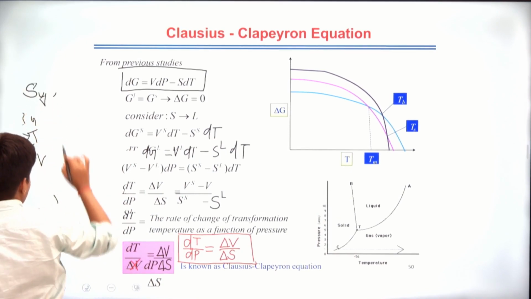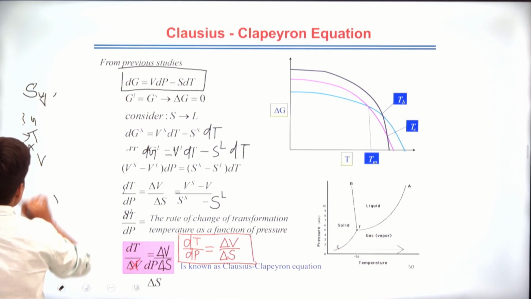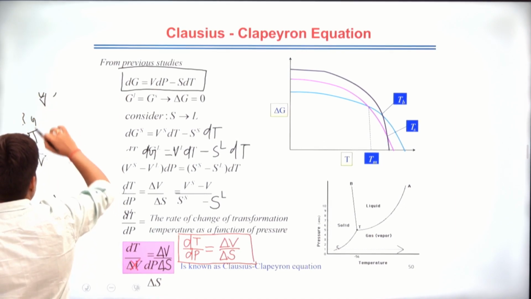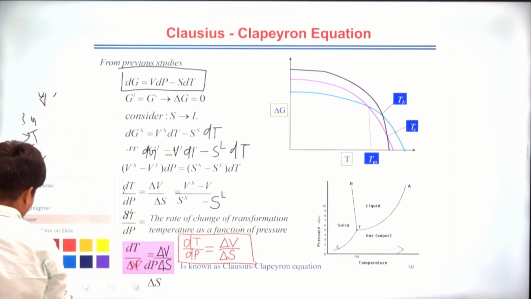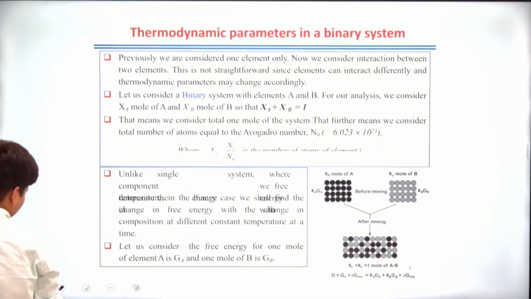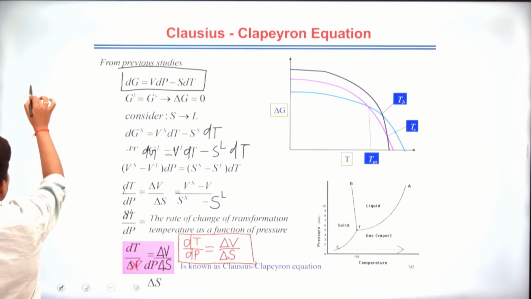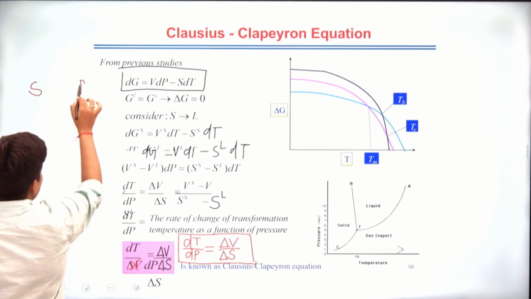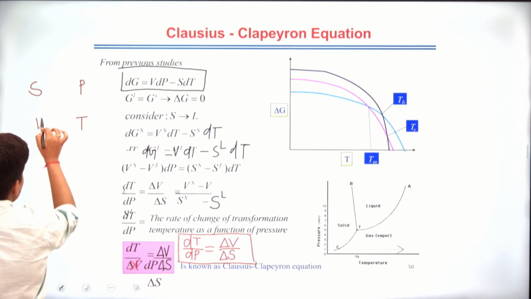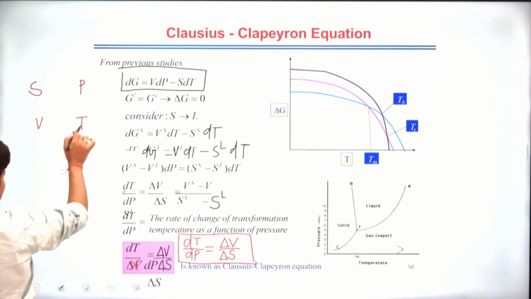Write first these terms: S, P, T, V. Entropy, pressure, temperature, and volume.